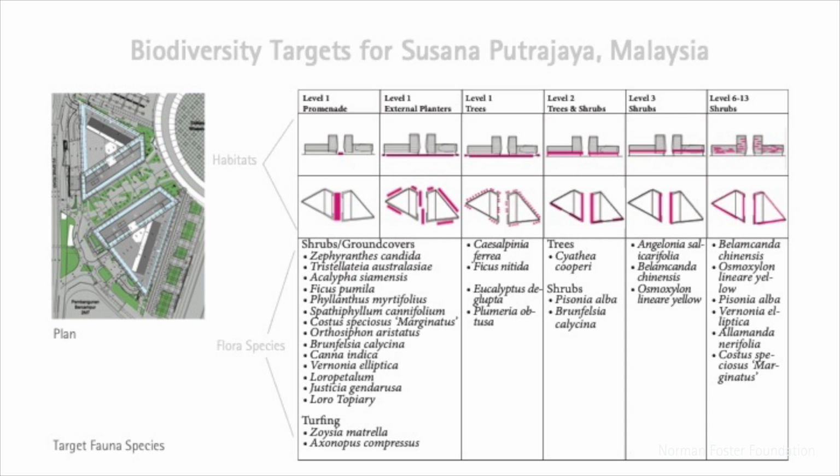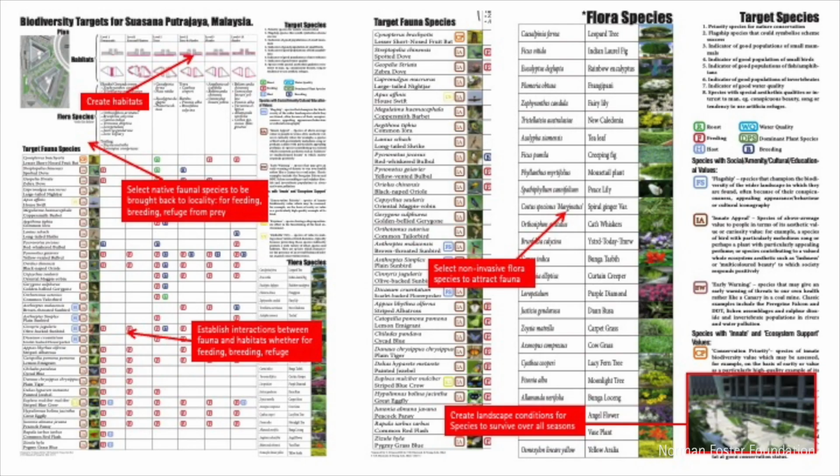The first thing we do to enhance the biodiversity of the locality is to create habitats. Once we create habitats, we start to fill them up with species, and we try to identify species that will not be hazardous to human beings and that are native to that particular locality.